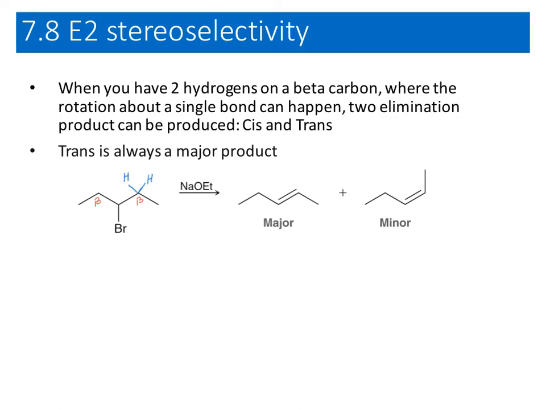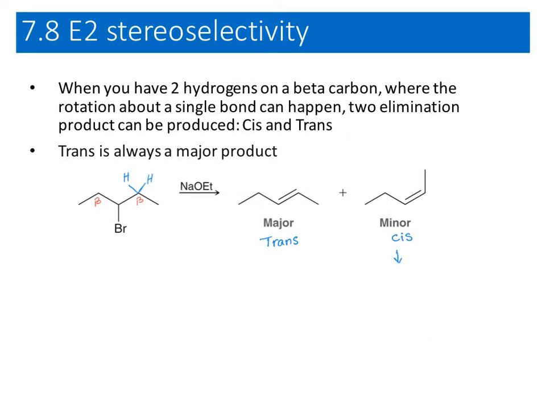on this beta carbon. So when we have two hydrogens on a beta carbon, and when it is possible that we have free rotation about a single bond, we are going to form two products, a trans isomer and a cis isomer. And we already talked about it, that the cis isomer is less stable than the trans due to steric hindrance.